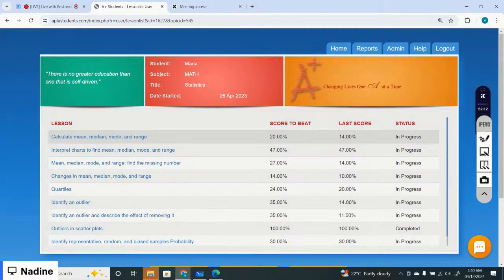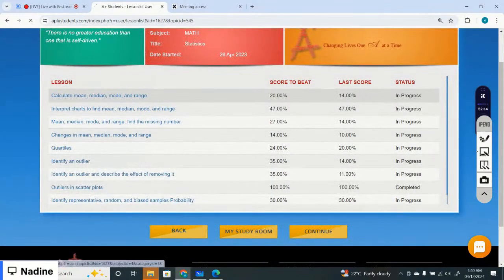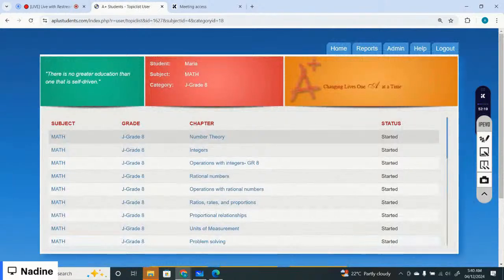Please make sure that before the next session you complete all the practice questions for the lessons. That is your homework until the next session. If you need more help with any of the lessons, you can simply click on the live chat button. Tutors are available there to help you. Or you can write down the questions in the chat box.